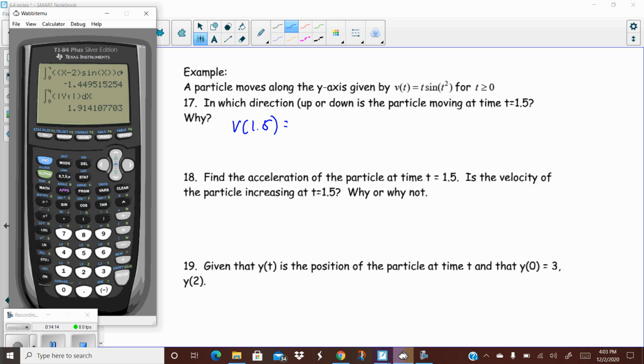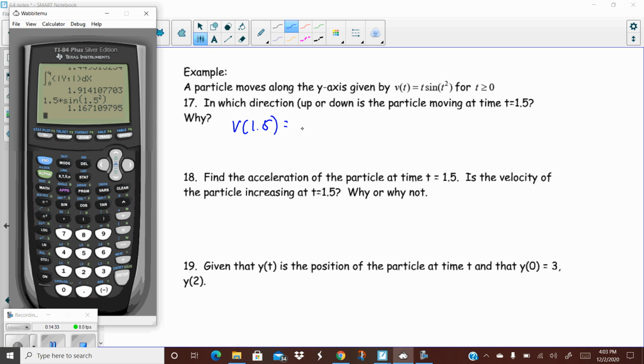So let's do that. So we're going to have 1.5 times the sine of 1.5 squared. And we're in radians, so we should be good.